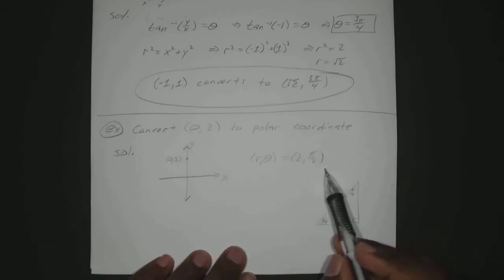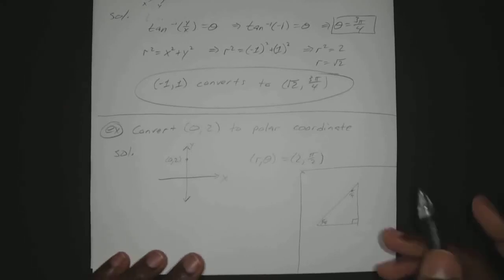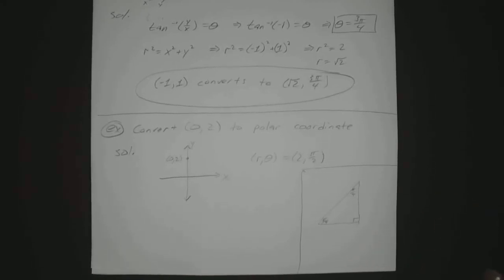I don't think that's for the same problem. But for y equals x, I don't think you need it. You probably could make use of it, but I don't think you need it.